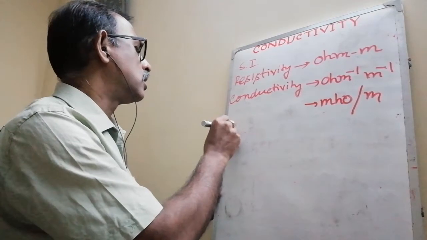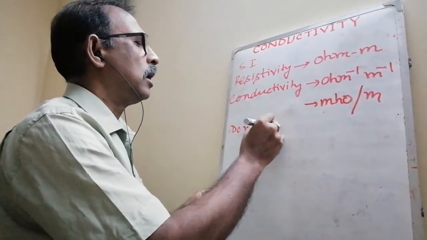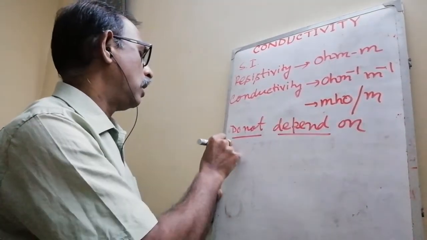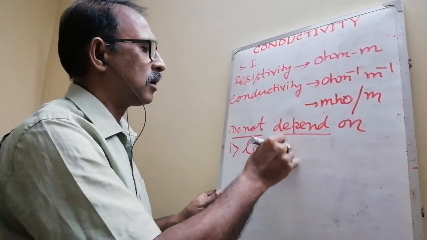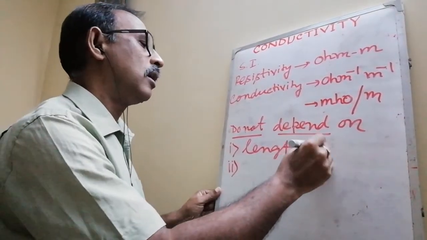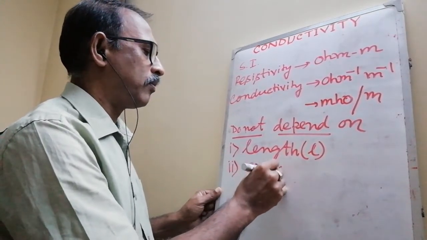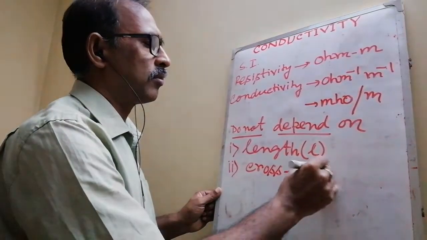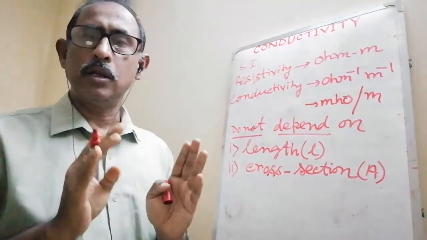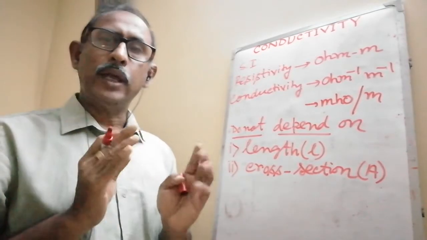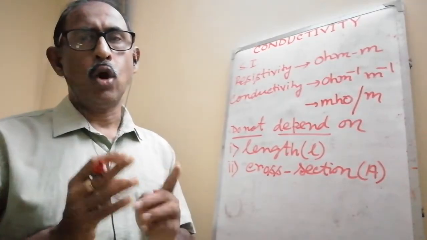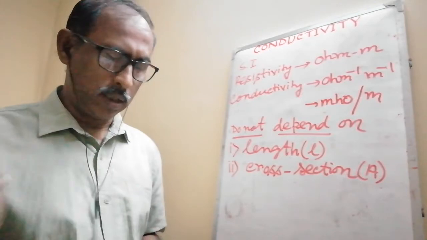That is why conductivity and resistivity both are characteristic properties of the material of the conductor.